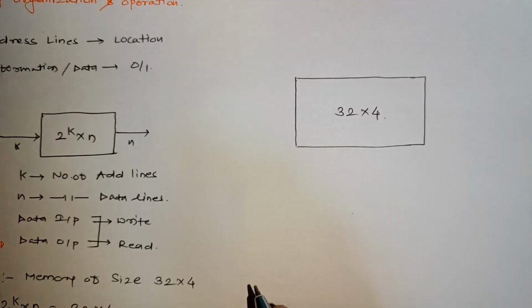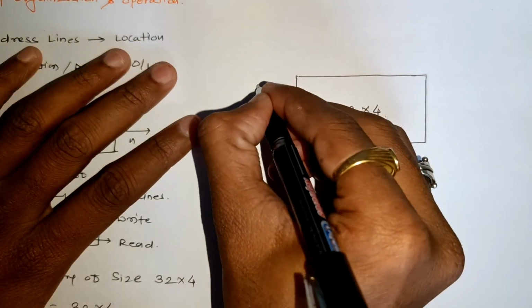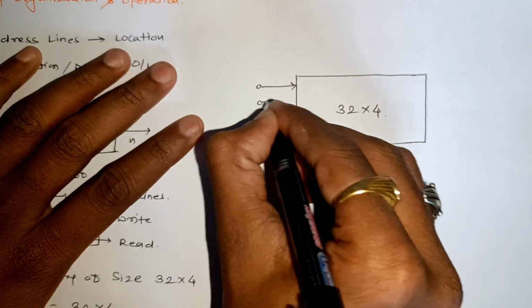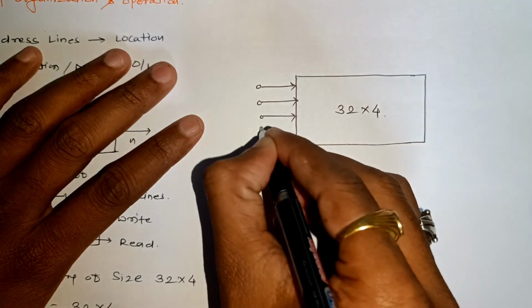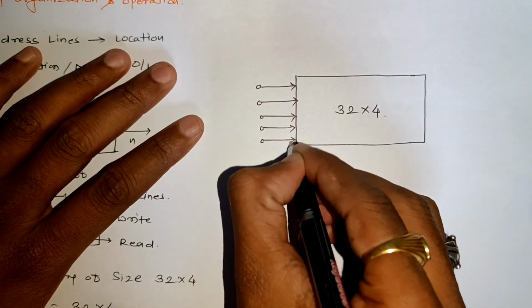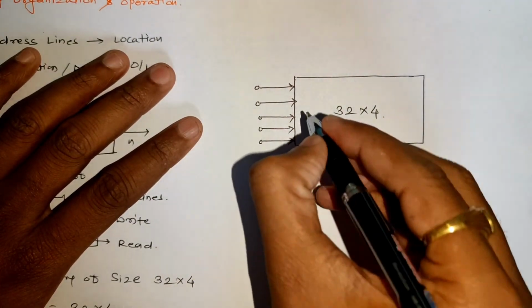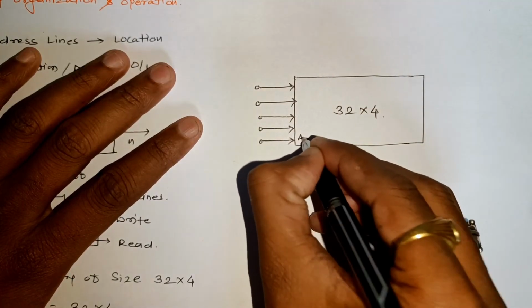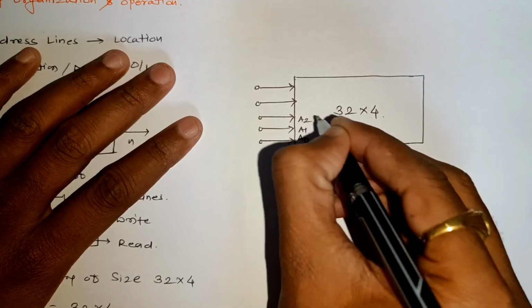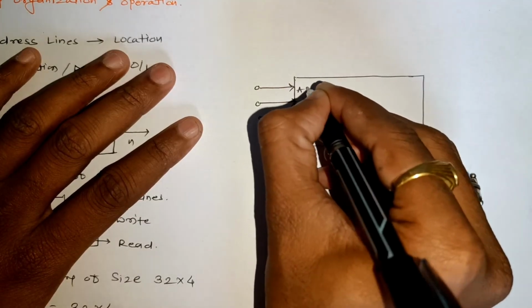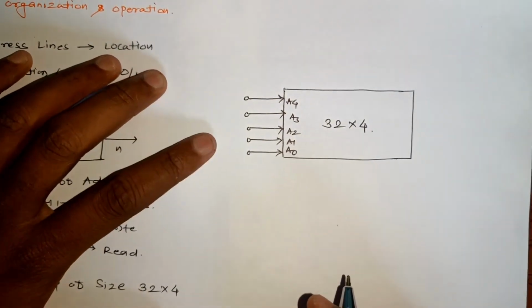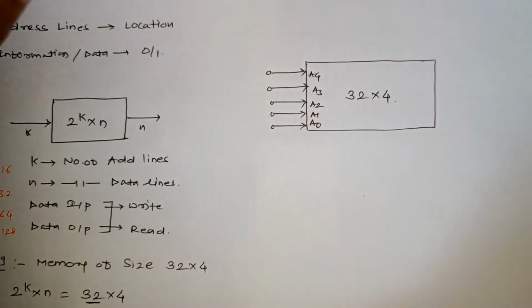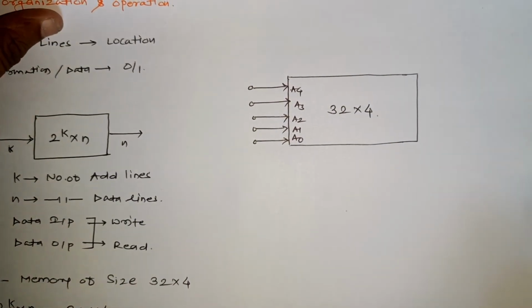So first I will be writing the address lines. We have 5 address lines. We'll write them as A0, A1, A2, A3 and A4. ये हो गया हमारा address lines. Now we need 4 data lines. So data lines can be input and output.